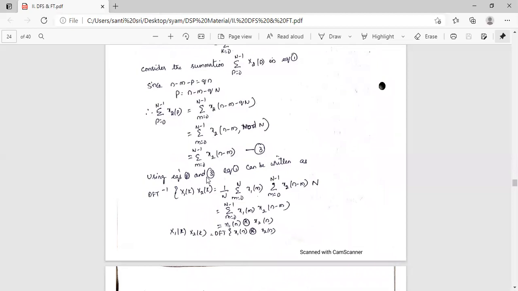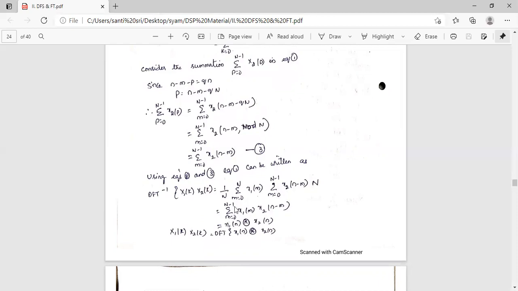Using equations 2 and 3, equation 1 can be written as inverse DFT of x1 of k into x2 of k is equal to 1 by N into sigma m equal 0 to N minus 1 x1 of m into sigma n equal 0 to N minus 1 x2 of (n minus m) mod N. Okay, so sigma m equal 0 to N minus 1 x1 of m into x2 of n minus m.